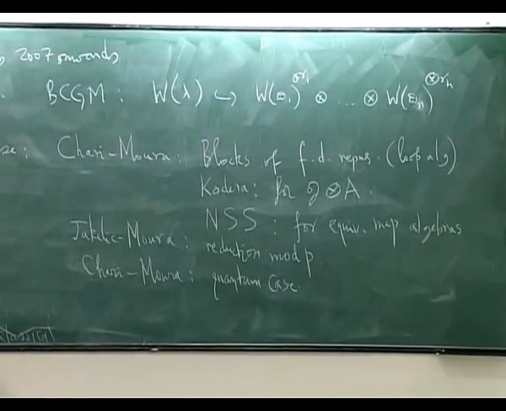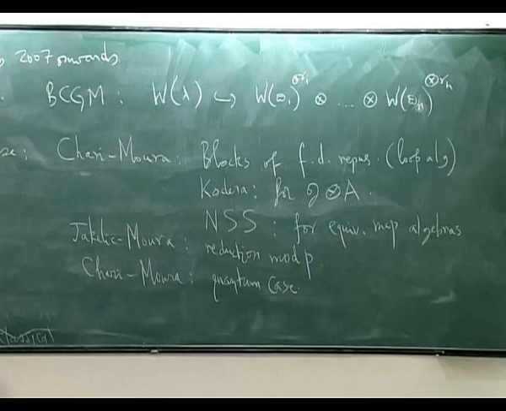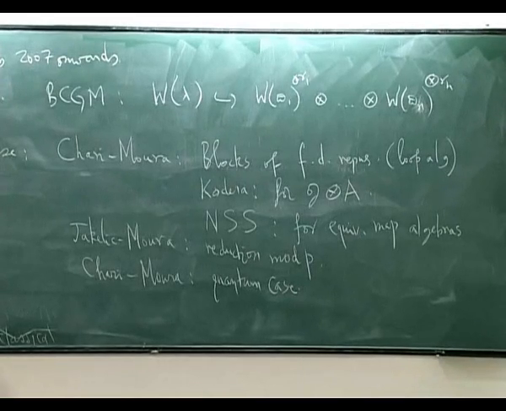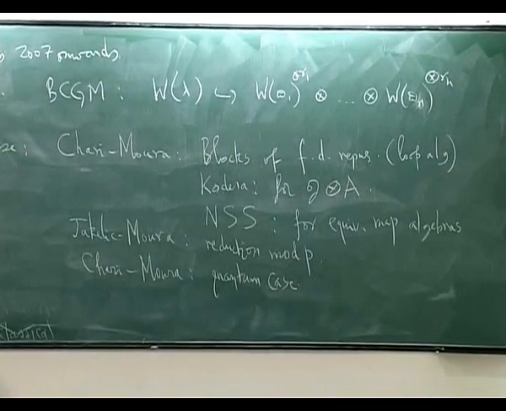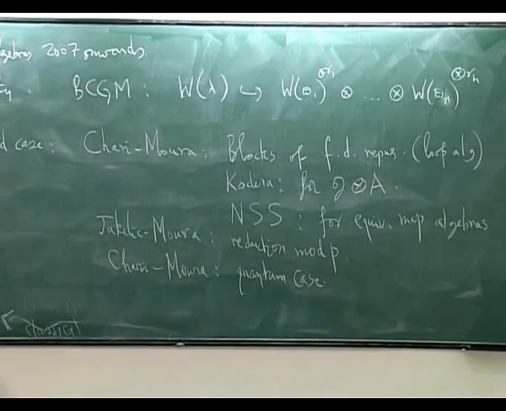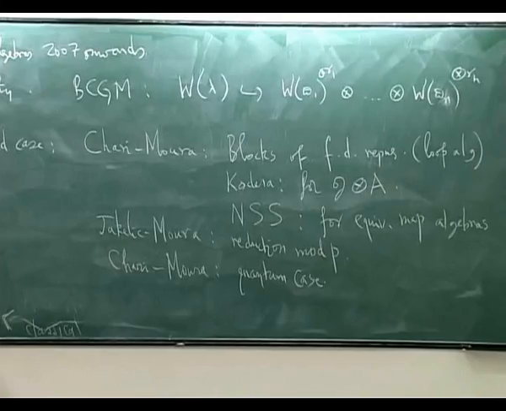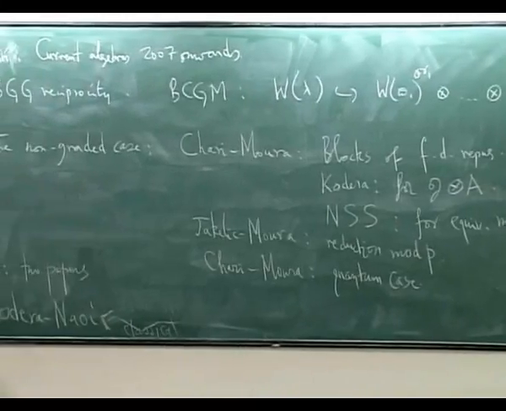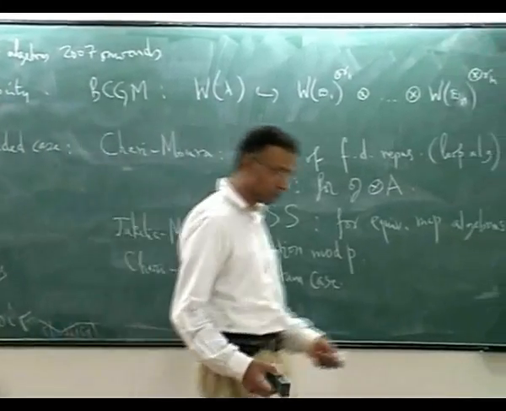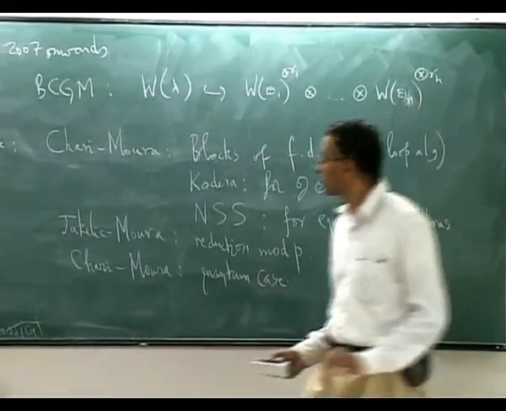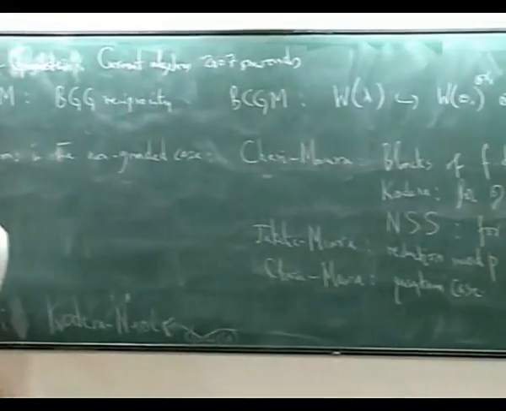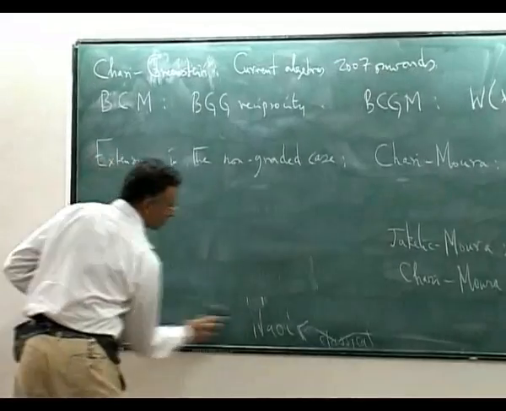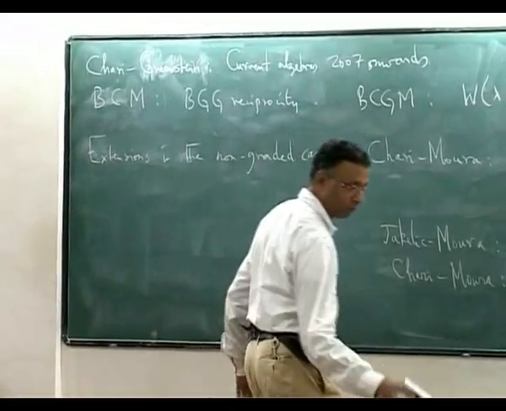So let's see, Kodera. So there are the various papers of Mukhin and Varchenko, where they sort of do current algebras and stuff. I mean, they're interested in Schubert cells and things like that.